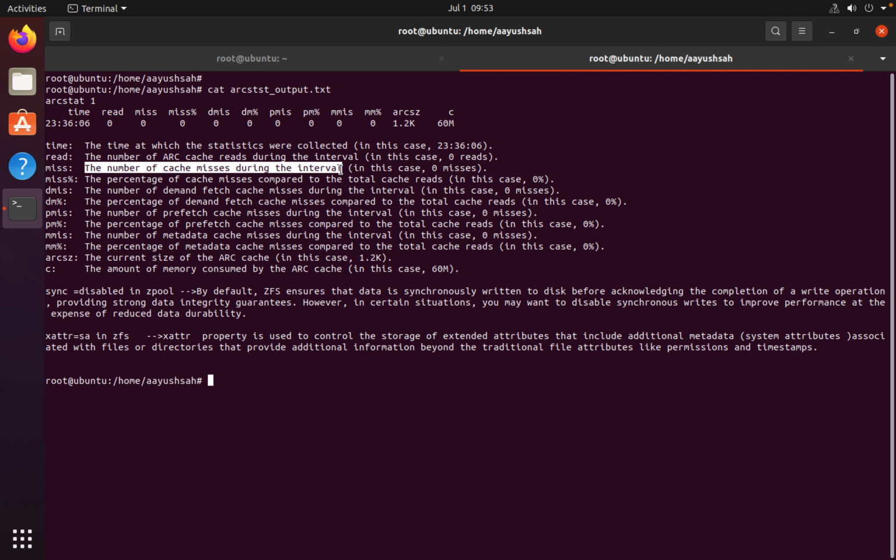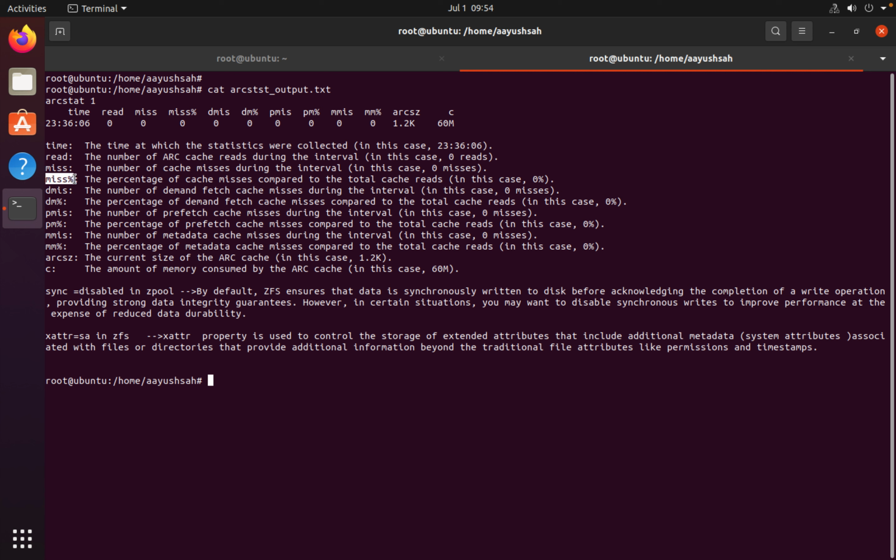If an application tries to read data, but that data is not present in the ARC cache memory, it will have to read from the disk. If it is unable to locate that data in the cache memory, that is counted as a miss.